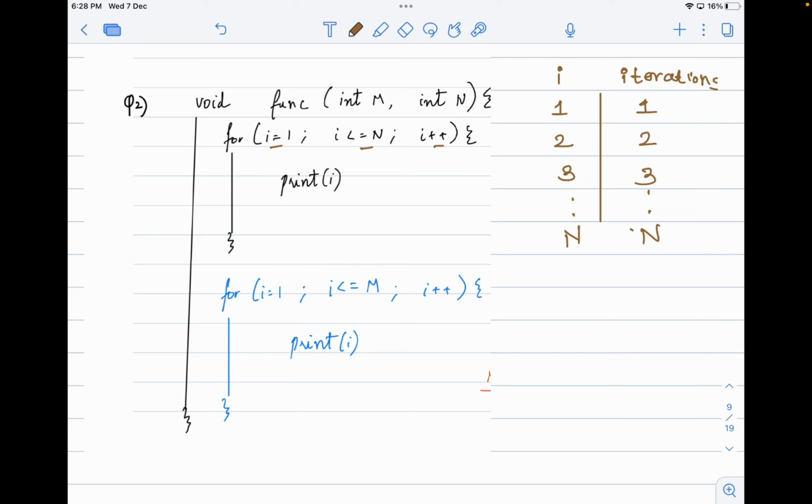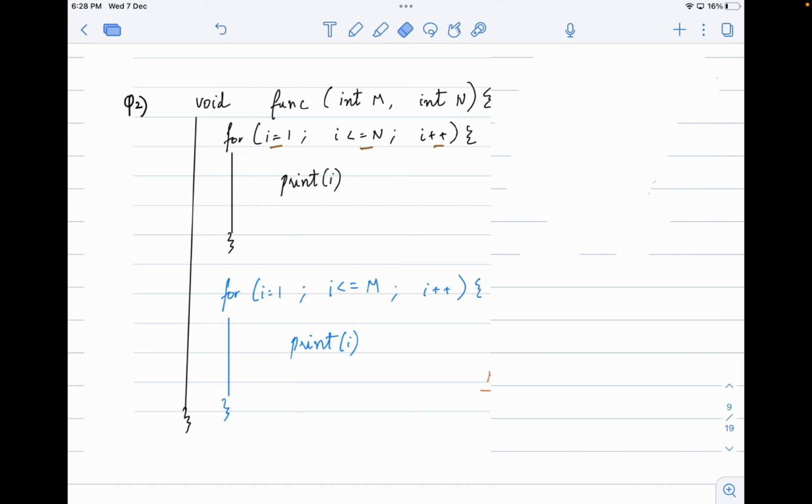This is the same case where your i is 1 and your n is n. So simply n minus 1 plus 1 is n.